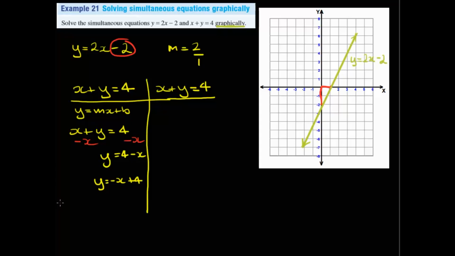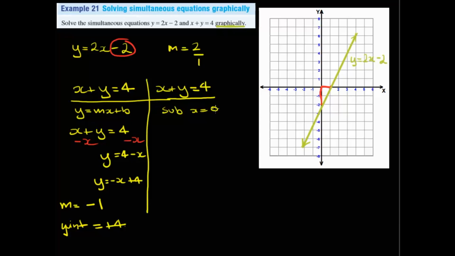And from this we can see that m equals negative 1 and the y-intercept equals plus 4.